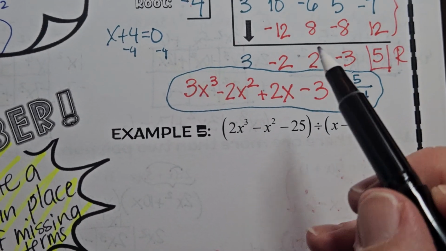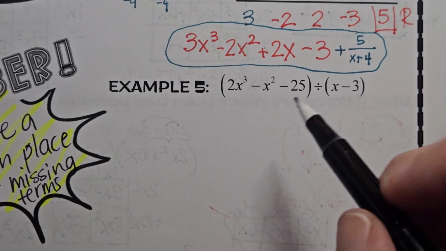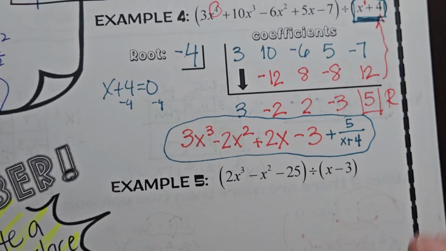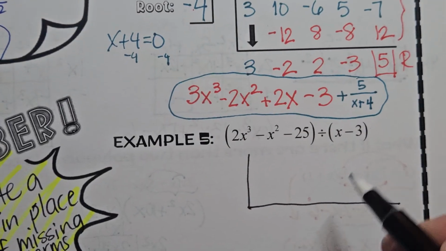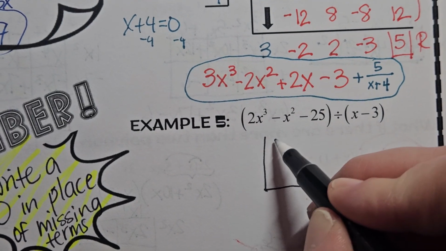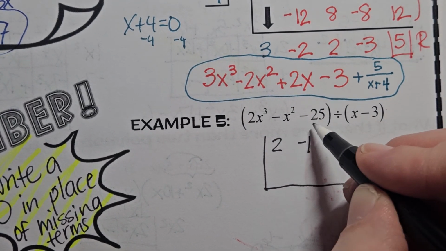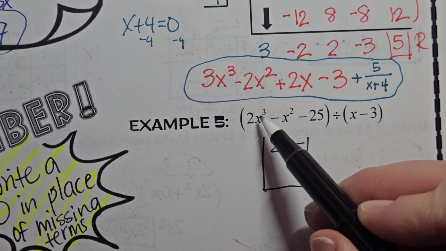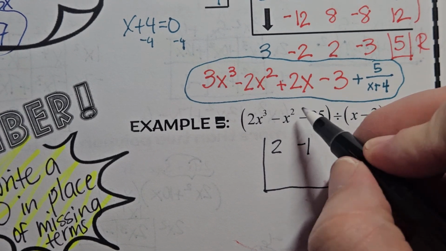Our degree is 3, so it's a cubic. So it goes x cubed, and here I've got some space to just draw our own little box. Remember your L. I'm going to put our coefficients in here. The leading coefficient is 2x cubed. Next is negative 1, and then next would be x squared. I'm sorry, next would be just x. So it goes 3, 2, and the next one should be x to the 1. It isn't there.